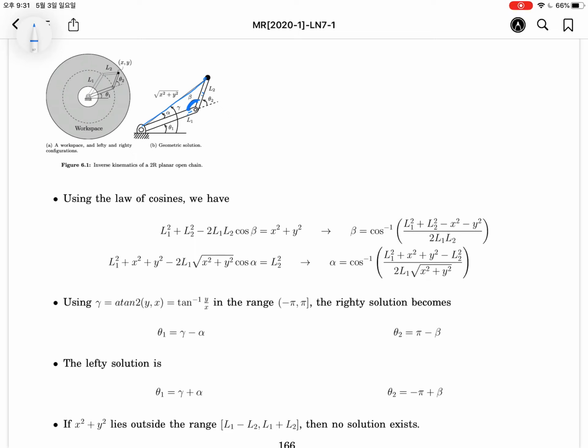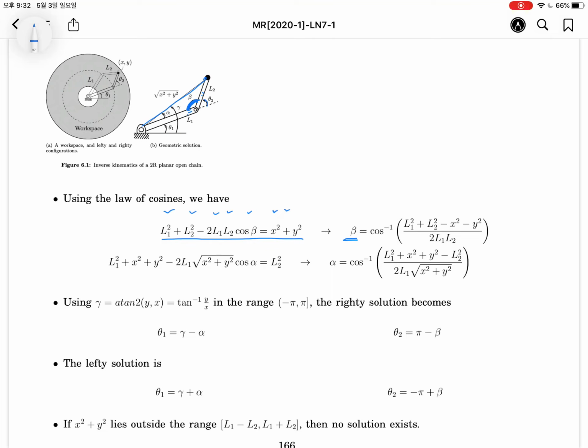This can be represented by the square root of x squared plus y squared, right? So we can get this equation. Here we know every element except beta, so it can be obtained using the arc cosine to get beta, like this.